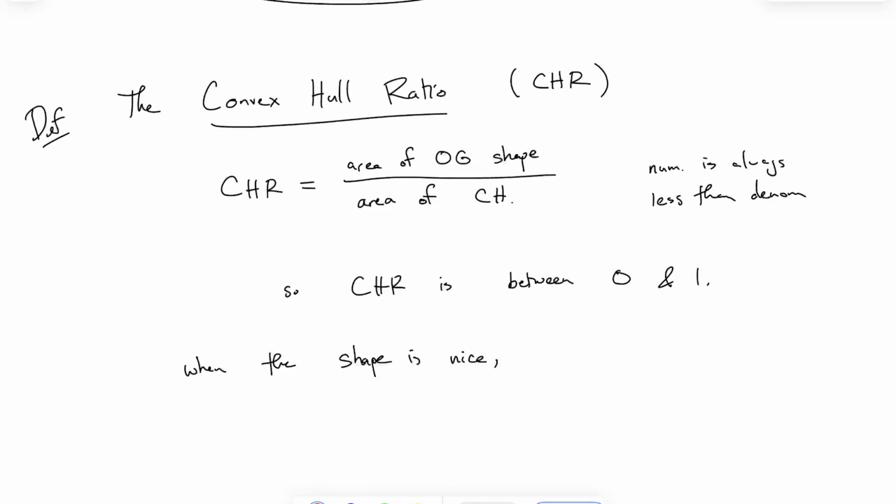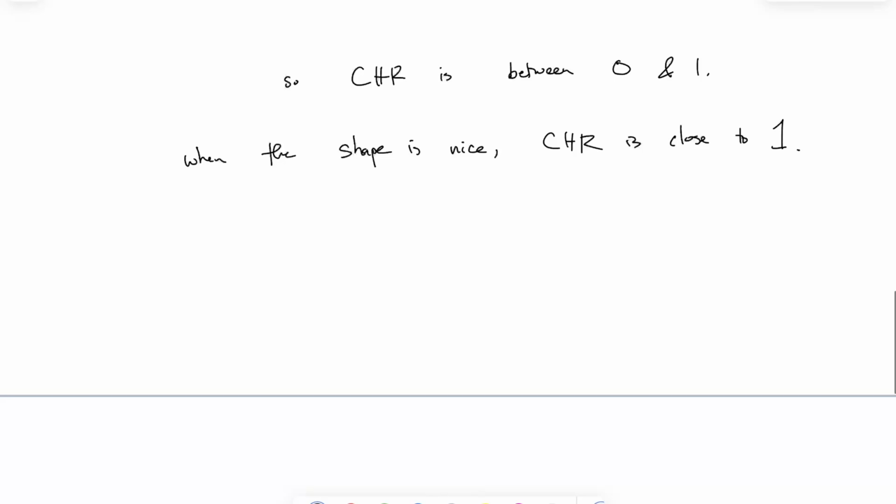And so when the shape is nice, the convex hull ratio is close to 1. And this is how you know if you're talking about a nice shape. You can measure this fraction, and then if you get a number that's close to 1, that's good. It means that your shape is actually a nice shape, versus a crazy, wormy shape.